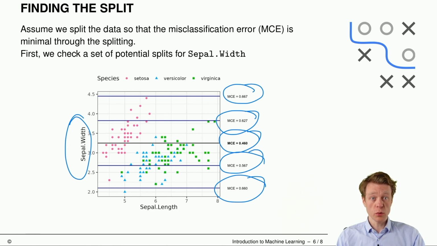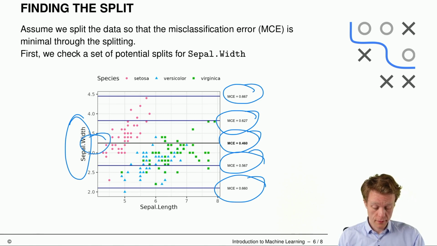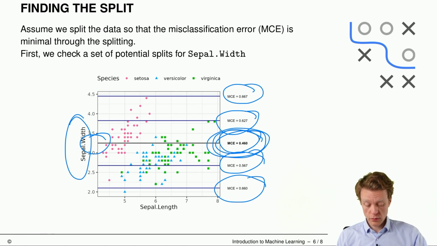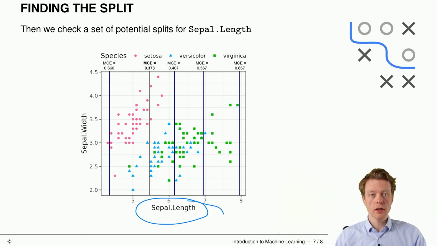at the feature sepal width, the best split point seems to be something in the order of 3.25, because this gives us an MCE of 4.6. But of course, we can do the same thing for the other feature, sepal length, and look at all those vertical splits now.